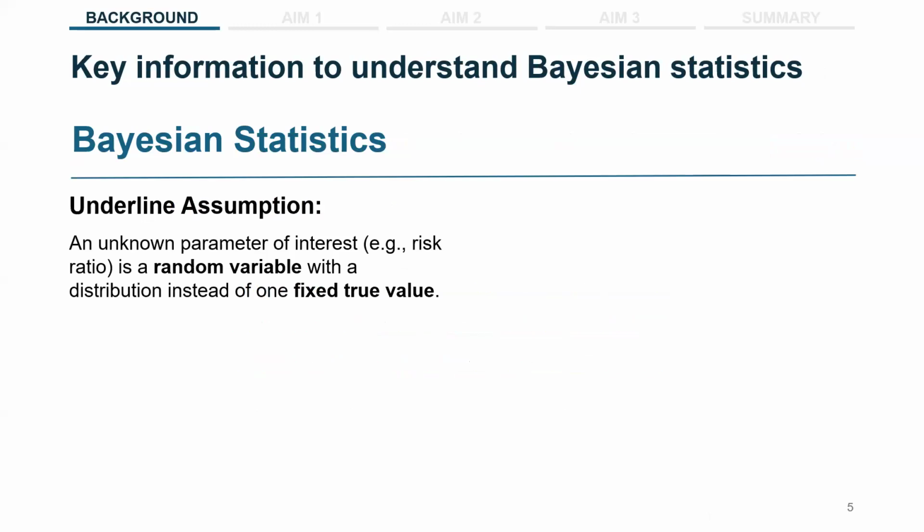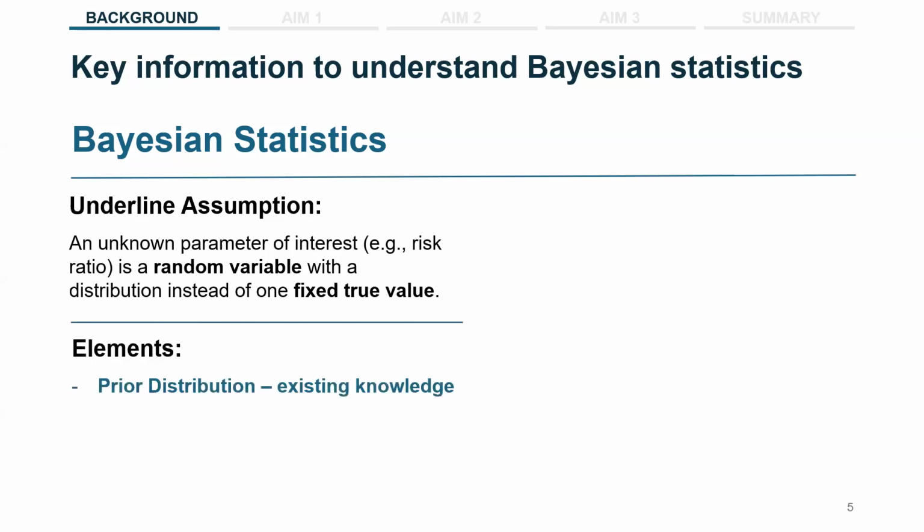In Bayesian statistics, some key information we need to understand is that the unknown parameter of interest, such as a risk ratio, is a random variable with a true distribution among a population instead of one fixed true value as what we usually consider in frequentist statistics.